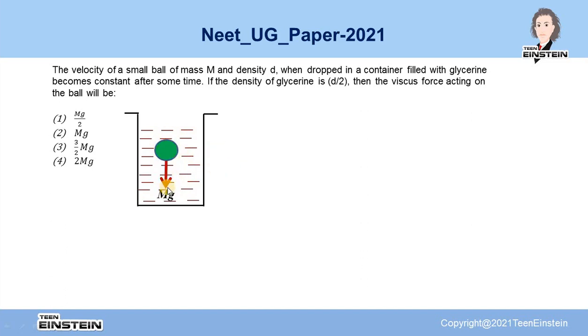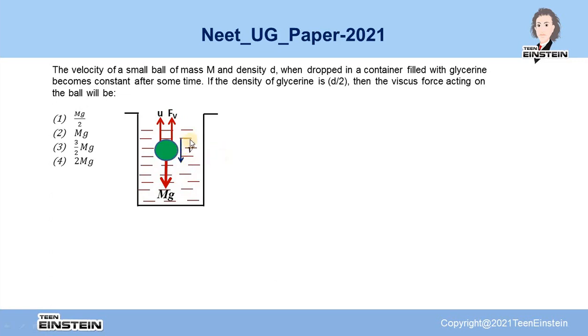One is the weight of the ball itself, that will act in the downward direction, and there will be other two forces which are acting in the upward direction. One is U, the upward thrust, that is nothing but the buoyancy force offered by the glycerin, and the other one is Fv, that is the viscous force which is offered by glycerin due to its viscosity.